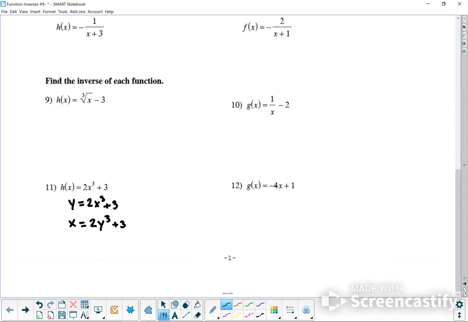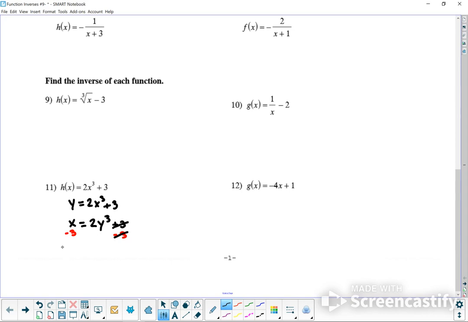All right, now we're going to solve for y. So I'm going to take away 3. Of course, you can't subtract 3 from x, but these will cancel, turn to 0.